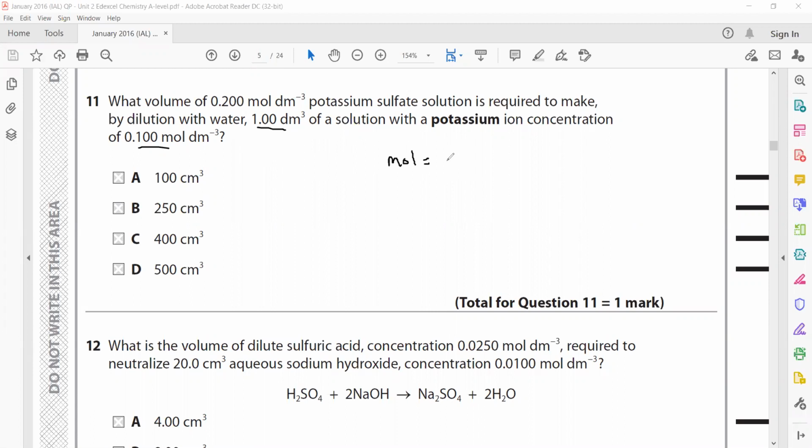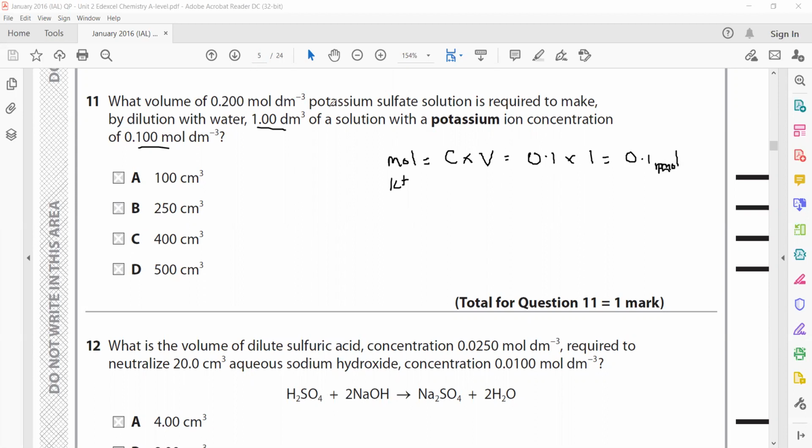Concentration is moles over volume, so moles equals concentration times volume. This will give the moles of potassium ion. The concentration given is 0.1 and the volume we need is 1, so the moles will be 0.1 mole. These are the moles of potassium ion.